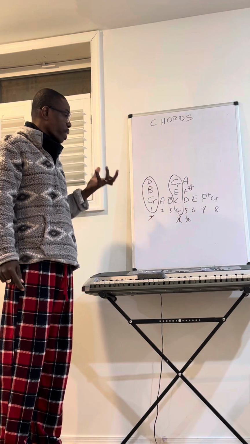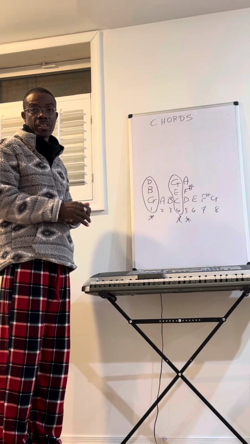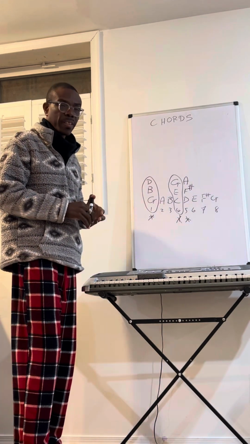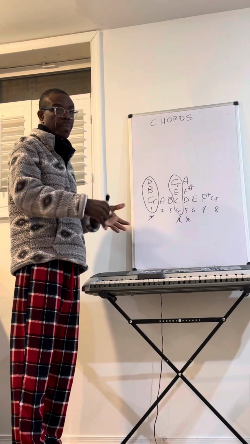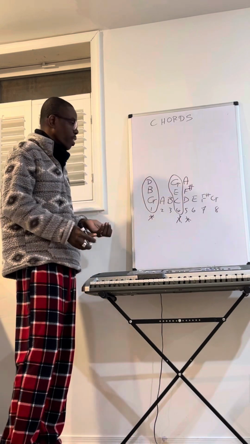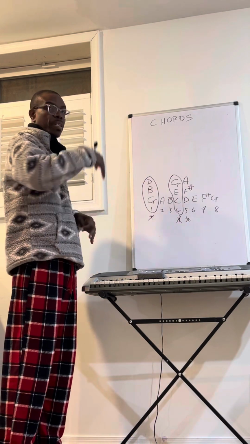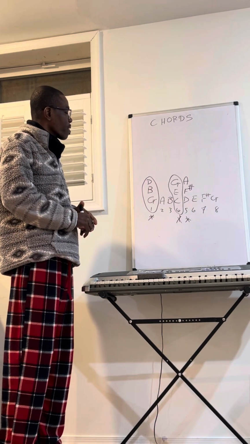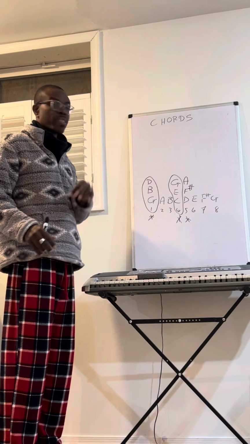Those are the major chords, and that's how you find the major chords of any scale. And that's what makes music so easy, because you do the same thing in every scale. You learn something in one scale, you do the same thing in all the other scales, and it's just as easy as that. So those are the major chords.